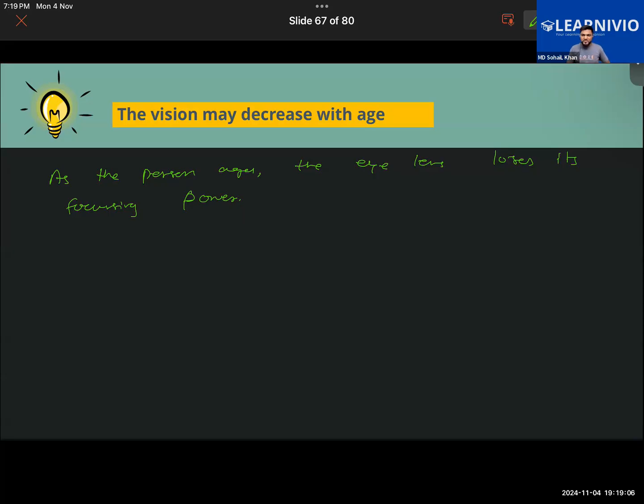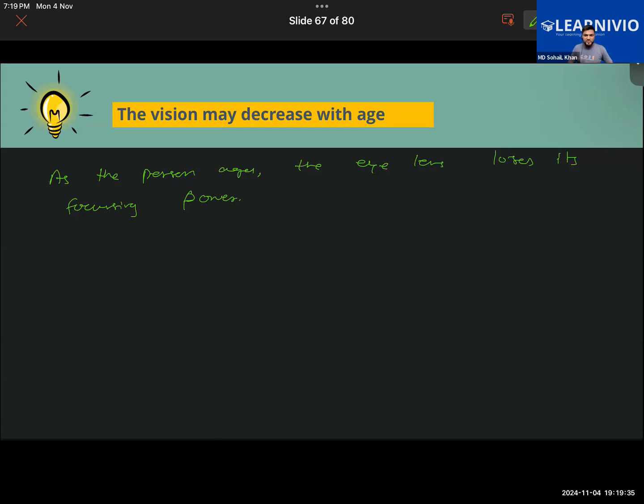Those of you who were present in the previous class, let me know what was the diameter of the eyeball. 2.3 centimeter. Yes, exactly, 2.3. That is correct. It's centimeter, 2.3 centimeter.